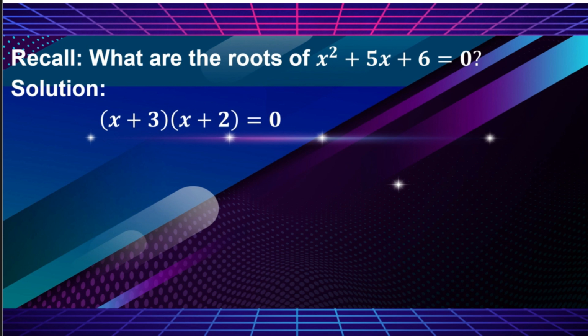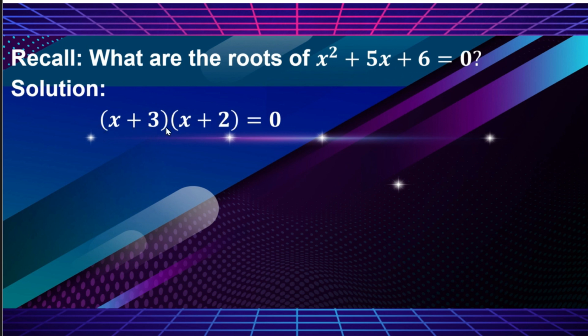Afterwards, you identify the constant term of the equation, and the constant term is 6. Then try to find two factors of 6 in which if you are going to add the two factors, it should be equal to the linear term or the value of b, which is 5. And the factors of 6 are 3 and 2.